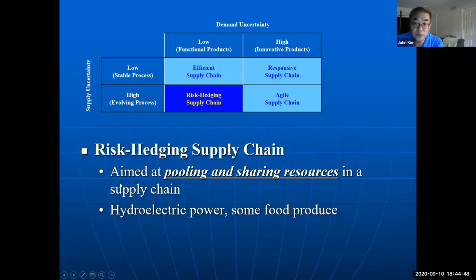So try to aim at pooling and sharing resources. For hydroelectric power, they build a bigger dam, reserve water, and reserve something like that. So try to reserve supply and then diversify suppliers, outsourcing companies, and something like that.